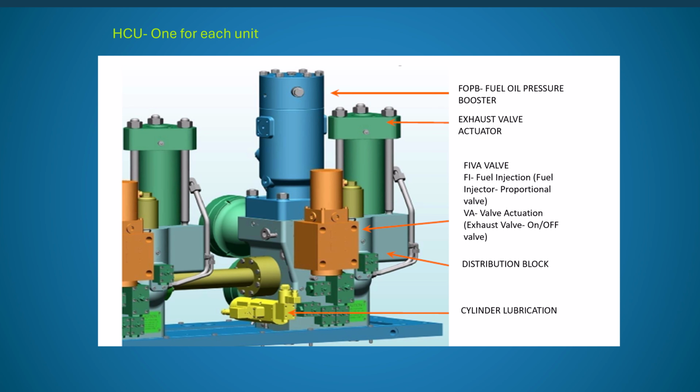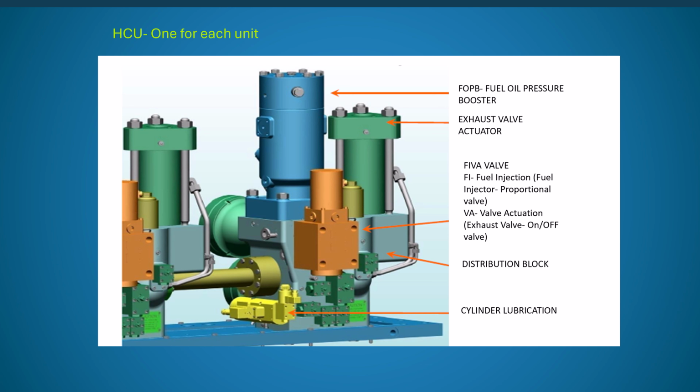When the hydraulic pressure enters at the bottom of the unit, the plunger inside moves up in a kind of barrel and the pressure builds up. And this is the exhaust valve actuator. When the hydraulic pressure enters here, at the time decided it will operate the exhaust valve of the particular unit. Now this is interesting.